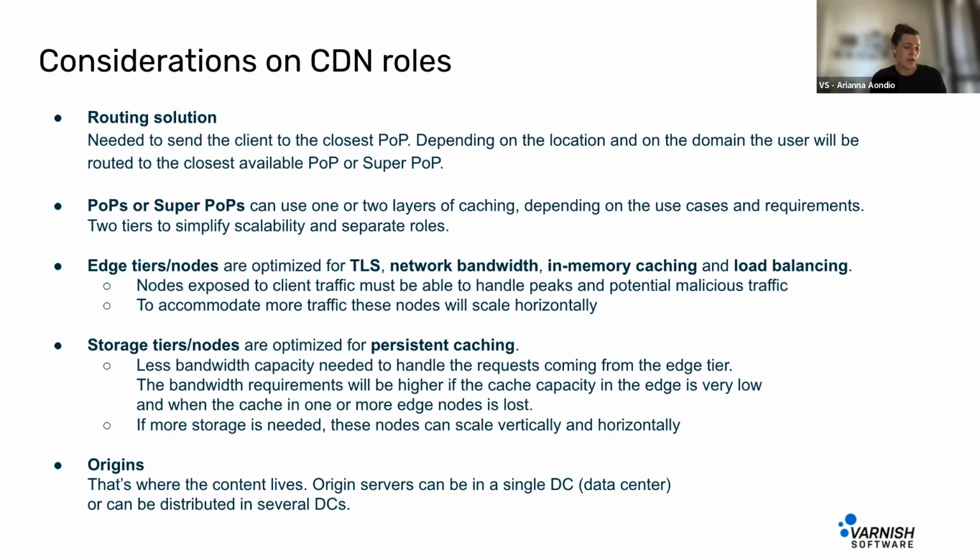But typically, introducing 2 layers of caching, as I said at the very beginning, reduces the complexity of the setup and makes it easier to administrate the full CDN, because then you can separate the different logical roles into 2 completely different layers. And that typically makes things way easier to manipulate and handle.